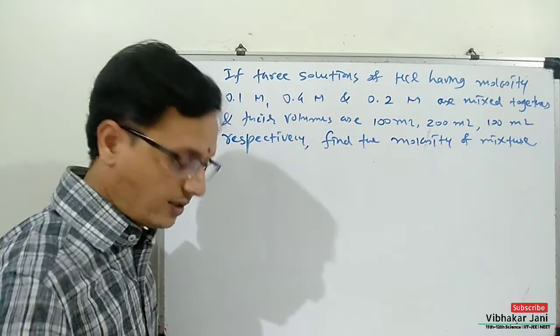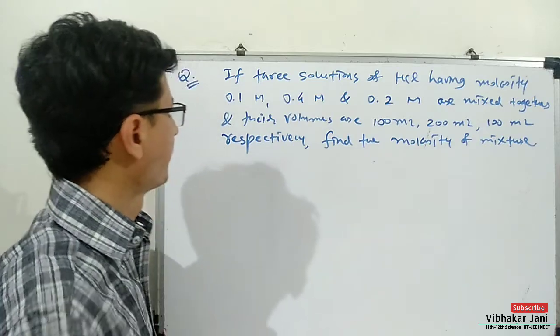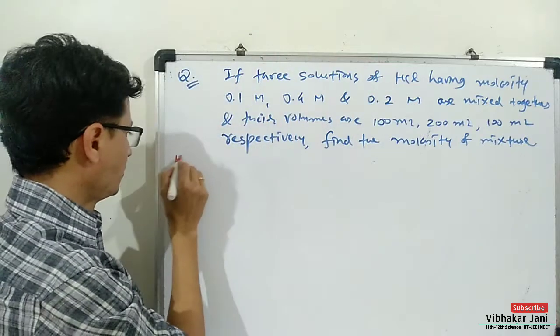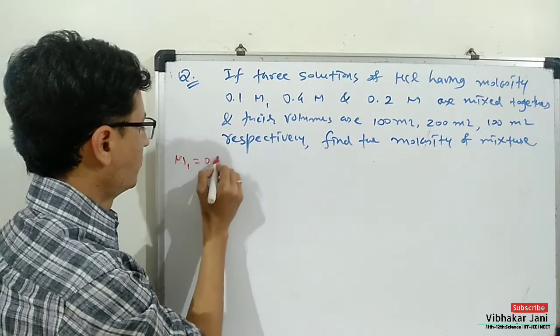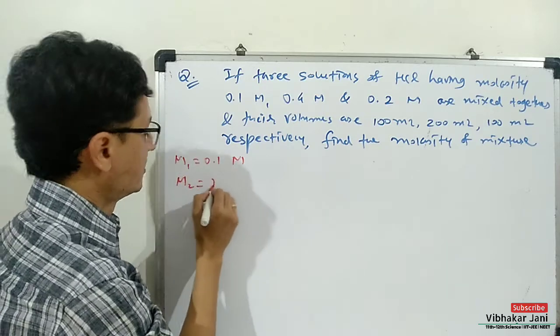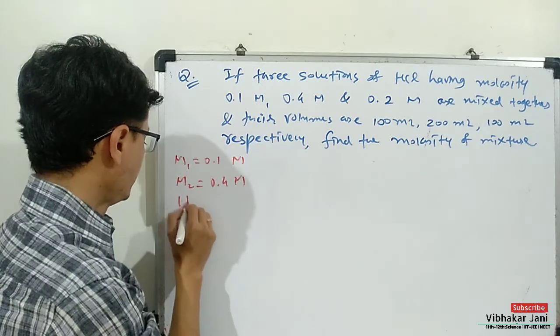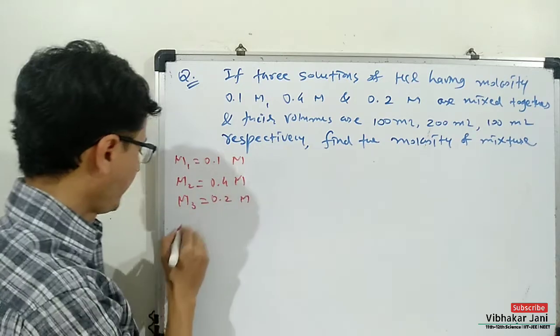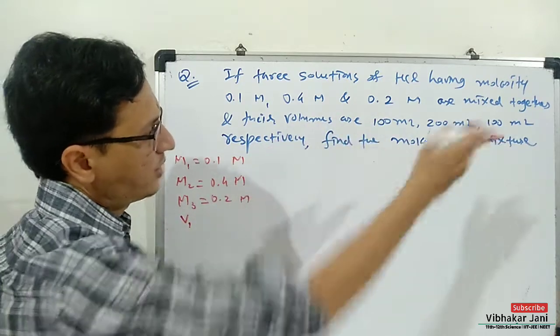So let us make a list of the given data. This is M1, this is M2 and this is M3. So here M1 is 0.1 molar and M2 is 0.4 molar. M3 is 0.2 molar. Now the volumes are also given respectively.